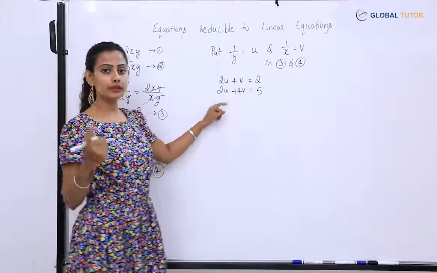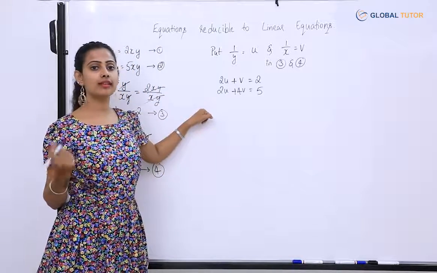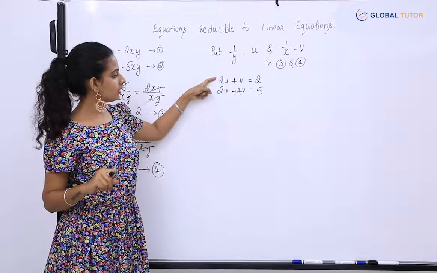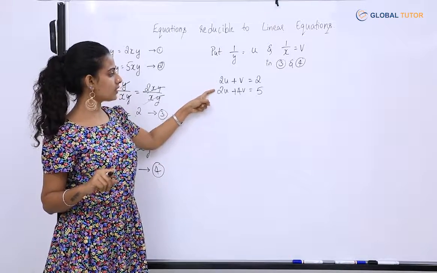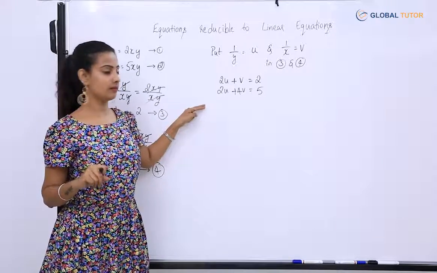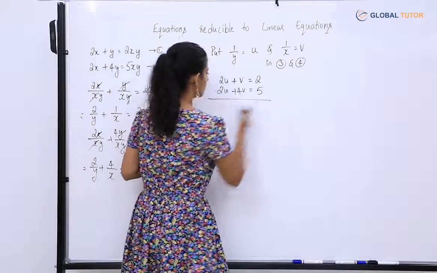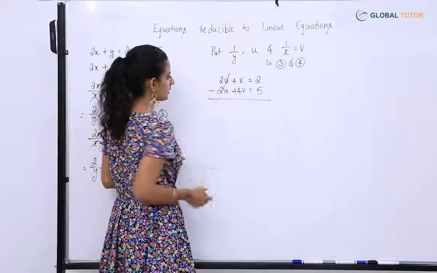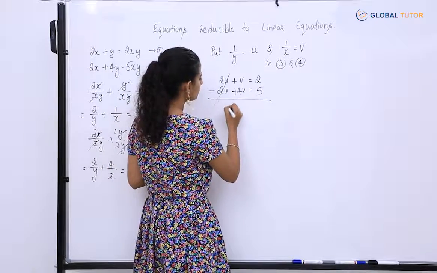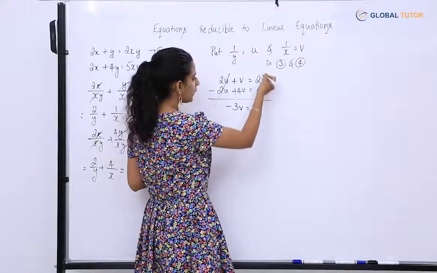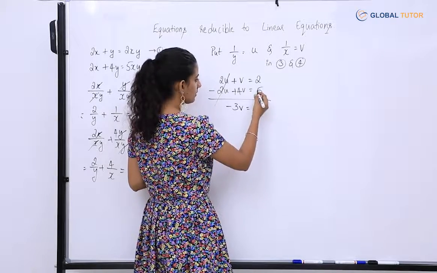We solved one of the examples using Cramer's rule and the other example using the substitution method. Here, if you notice, these two are same, 2u and 2u. So we can use the elimination method here. So let us apply the elimination method. For that we are just going to subtract. So this and this get cancelled. So minus 4v plus v will become minus 3v is equal to 5 minus 2 will be 3.